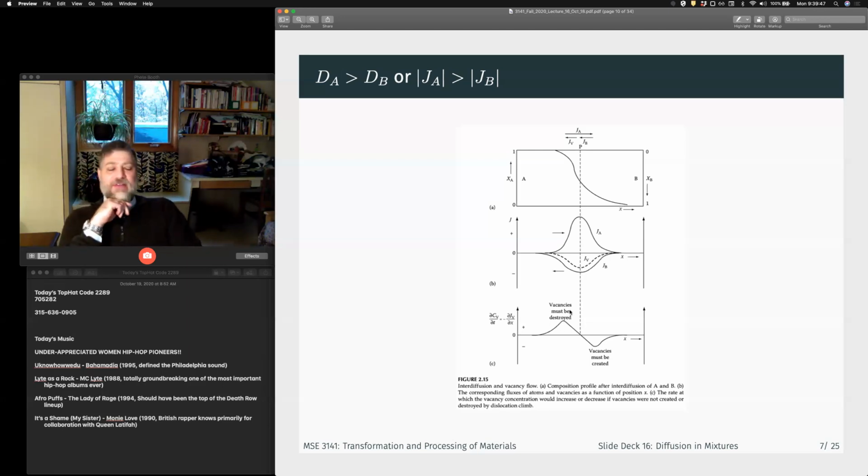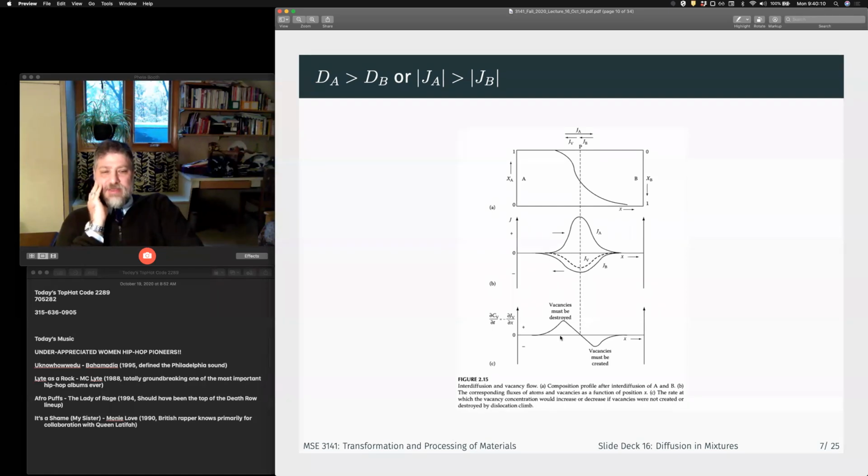Remember, we have a thermodynamic equilibrium for vacancies. That means if I have an equilibrium vacancy concentration, I have to destroy vacancies over here, and I have to create them over here. So how on earth do I create vacancies or destroy them?